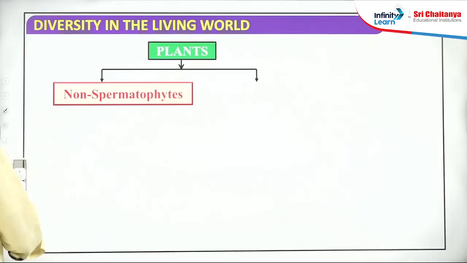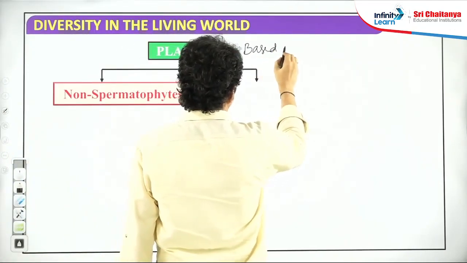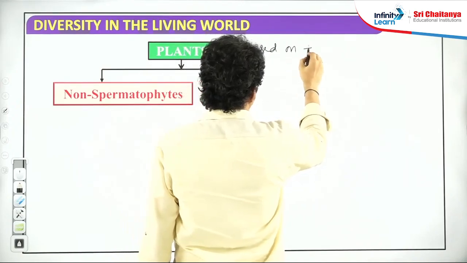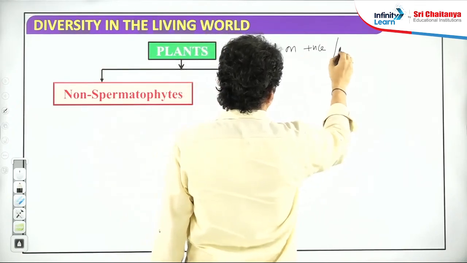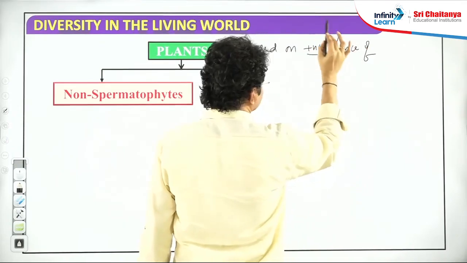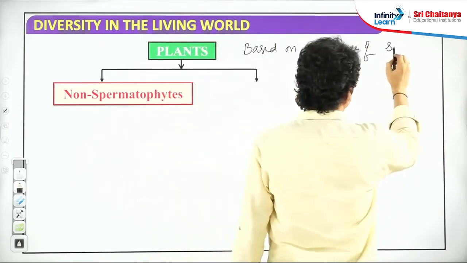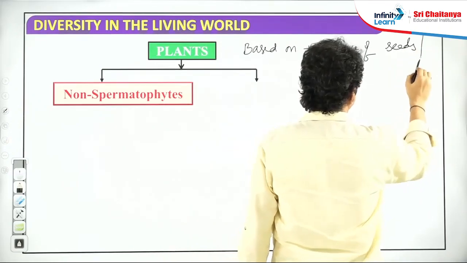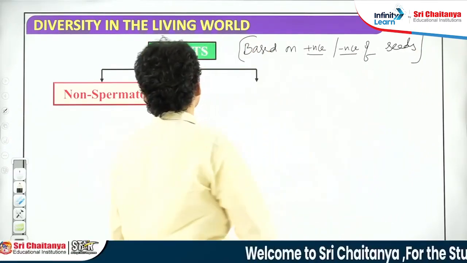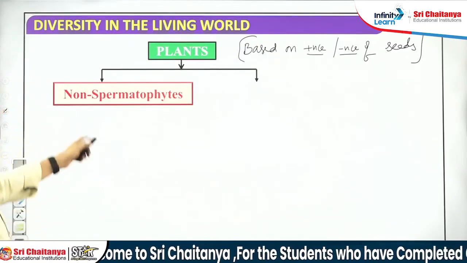Next concept, important: based on presence or absence of seeds, plus presence, minus absence. It means seed production ability. All the plants in the plant kingdom are divided into 2 categories.